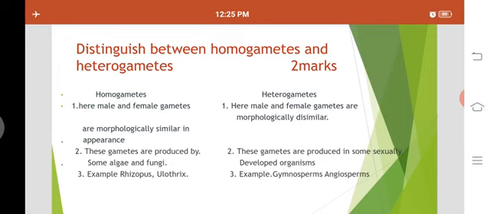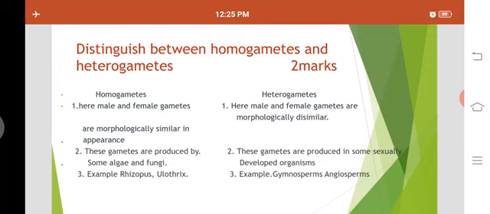By that, while preparing for the examination and reading the topic, you will come to know which concept is important. Understood?